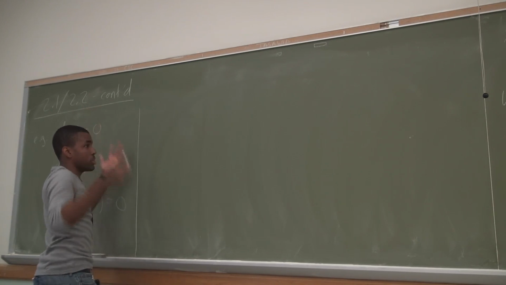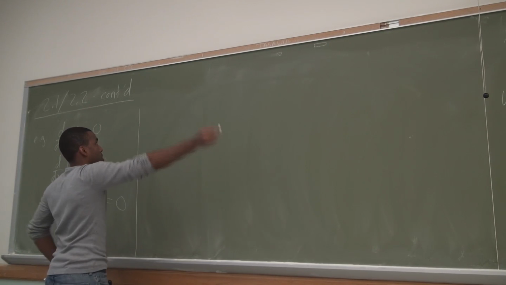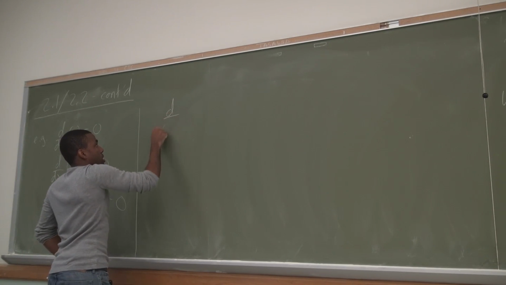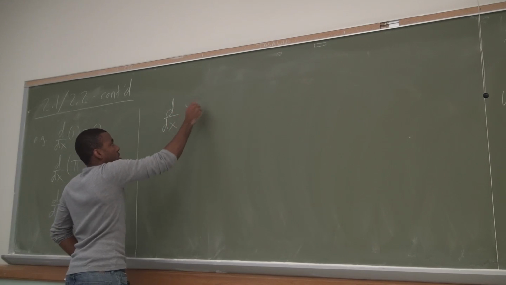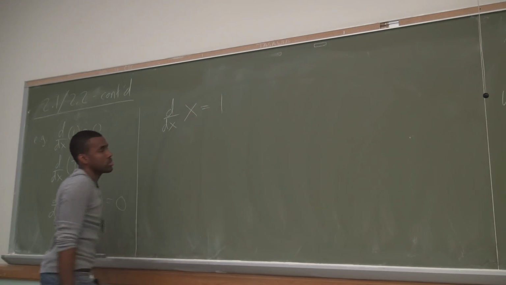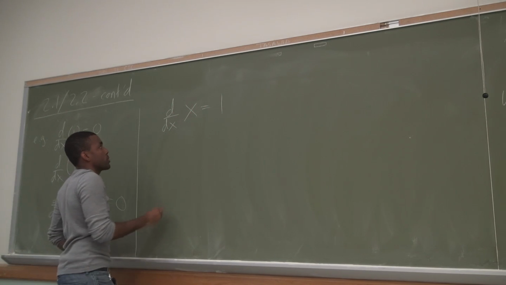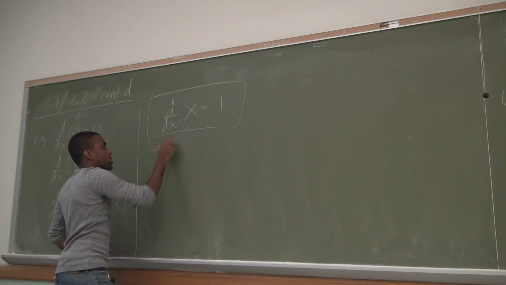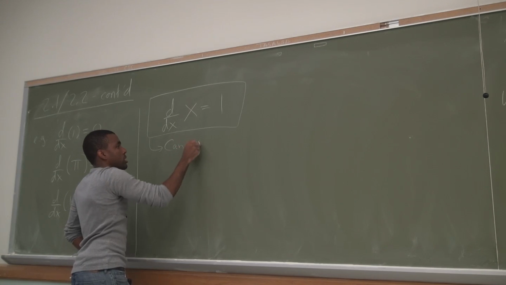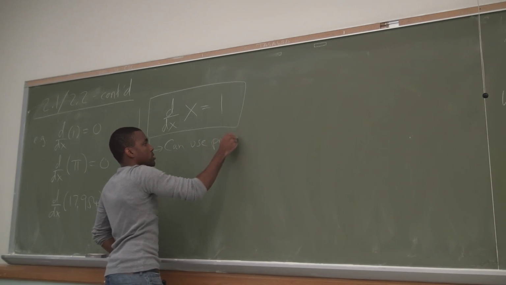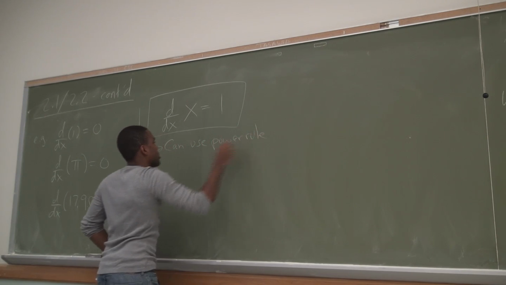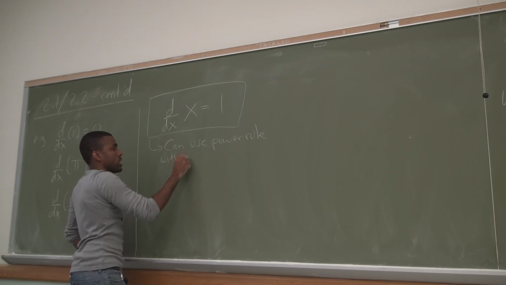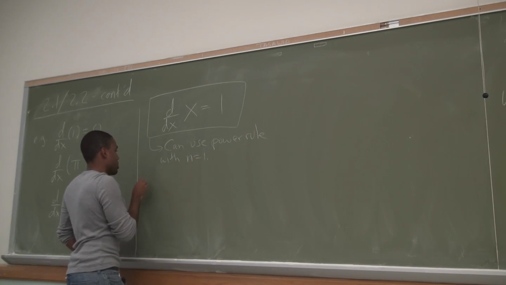They mentioned this in the book, I don't know why, because it's sort of a consequence of the power rule. But they also mentioned the derivative of x is 1. Use the power rule with n equals 1.